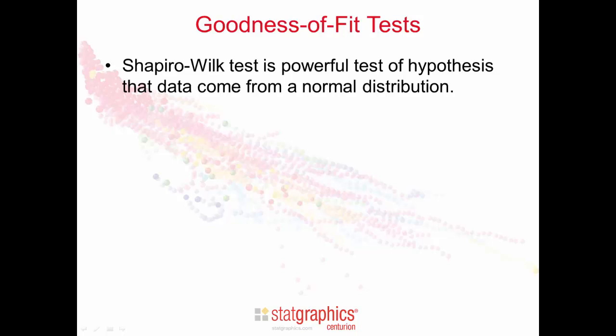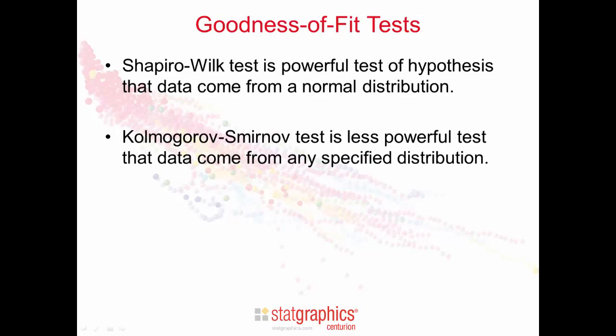The Shapiro-Wilk test is probably the most powerful test for normality. The Kolmogorov-Smirnov test is a less powerful test, but it can be used to test whether the data come from not only a normal distribution, but other types of distributions as well.